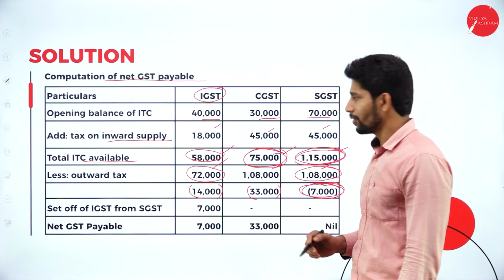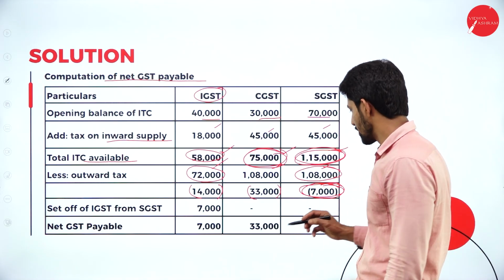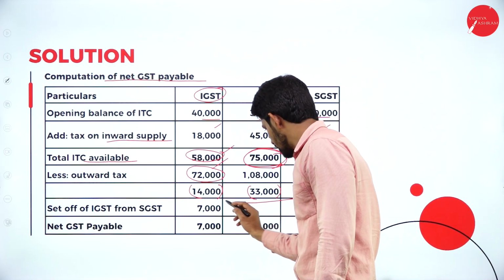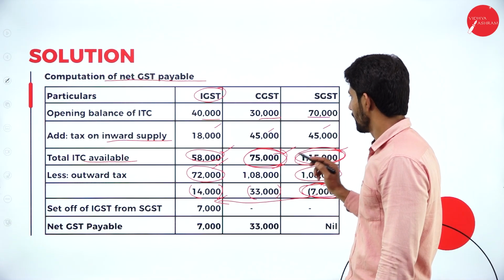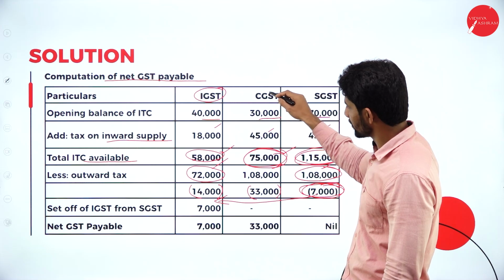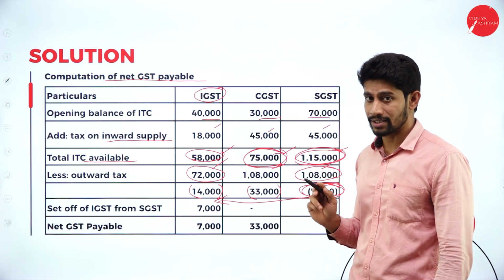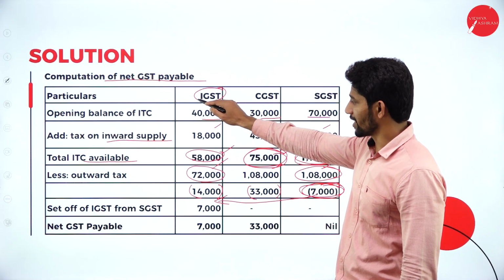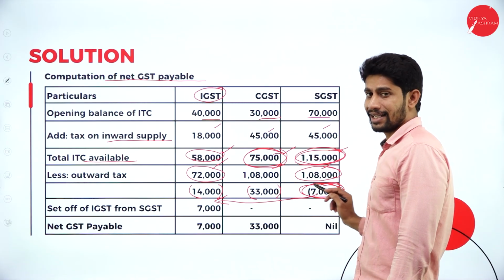So what will you do? If you have excess of 7,000 in SGST, you can set it off with the IGST account. Only with IGST, not with CGST. In case you have excess in CGST, you can set off with IGST, not with SGST. In case you have excess in IGST, you can set off with CGST first, then SGST.